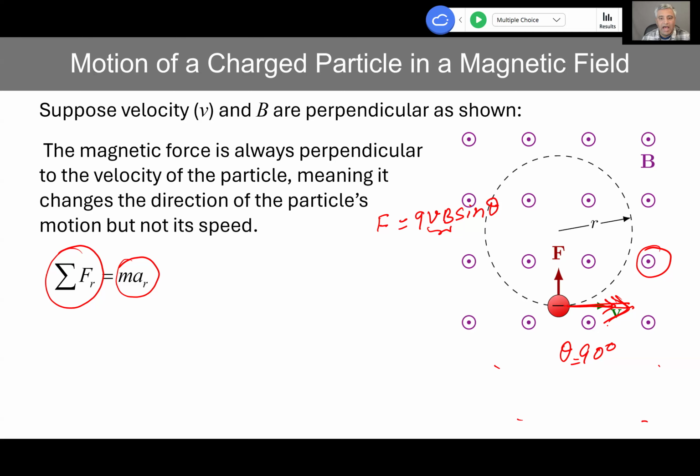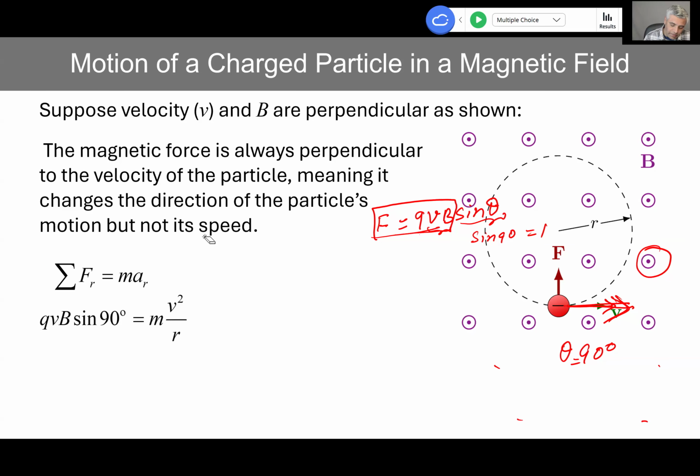B is coming out perpendicular to the screen. When theta is 90 degrees, sine 90 is 1, and that's when the maximum force occurs. That's the situation here.